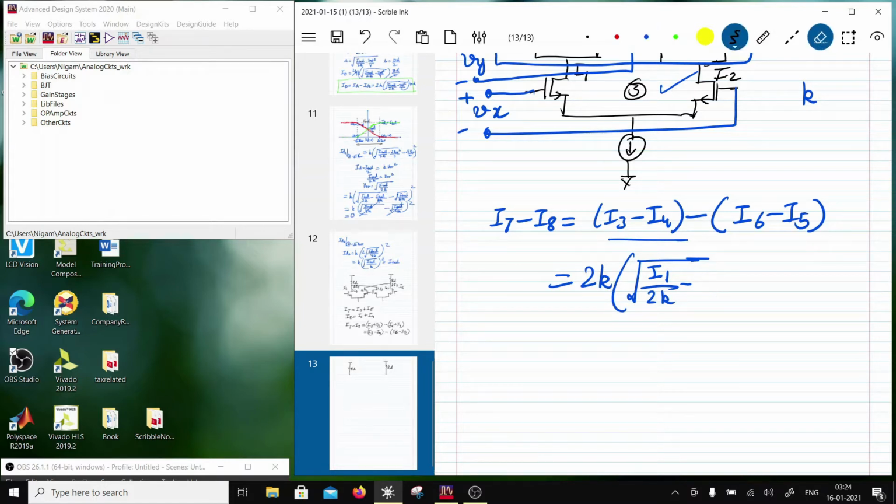It will be Vy. Okay, so I'm writing for the top one. Vy is the input, right? Vy square by 4, right? Times of Vy, right?